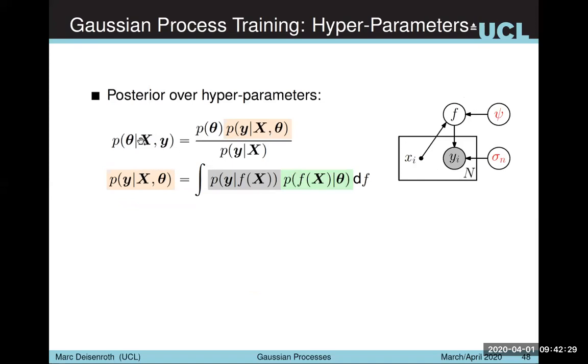I'm just going to copy this posterior distribution over from the previous slide. The marginal likelihood in this orange block here is the integral of the likelihood evaluated at the training set times the prior distribution evaluated at the training set. Now I'm explicitly conditioning the prior distribution on the theta parameters, the length scale and amplitude parameters.